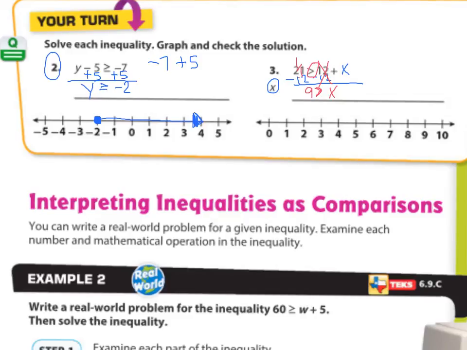So we're looking for numbers that, if you want to flip it, your numbers need to be smaller than 9. Because 9 is going to be bigger than the numbers that you replace x with. X is less than 9, so let's graph the numbers that are less than 9. Do we include 9? No. We don't. Only the numbers that are less than 9. So it's going to go that way.